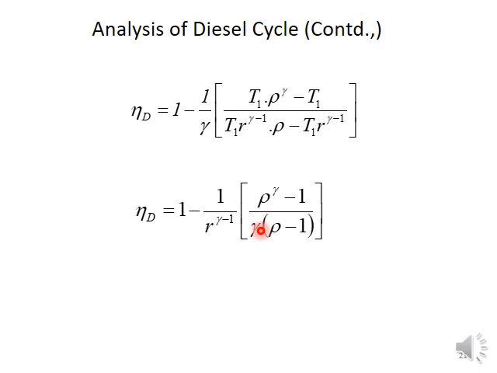So, this one is the expression for the air standard efficiency of a diesel cycle, and observe that this part is the efficiency of an Otto cycle, and some more product is added.